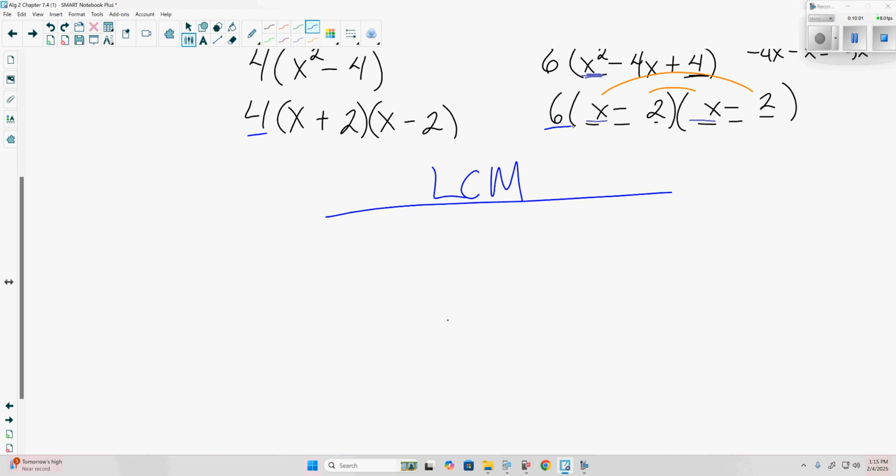If we did skip counting, multiples of 4 are 4, 8, 12, 16, 20. Multiples of 6 are 6, 12. The least common multiple between 4 and 6 is 12.